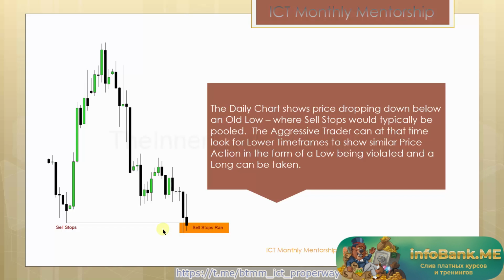Price. So you can look into a lower time frame and actually study the price action and come to basically the same idea you're seeing here, an old low. So we would wait for short-term price action on a lower time frame to create that same scenario, which is a low being violated, because everything in price is fractal.